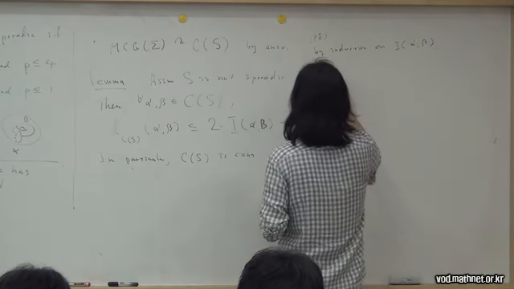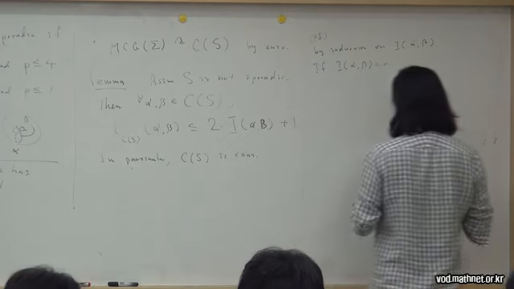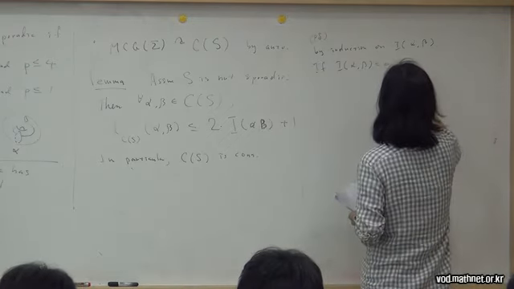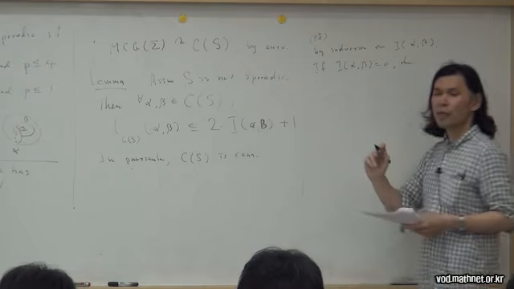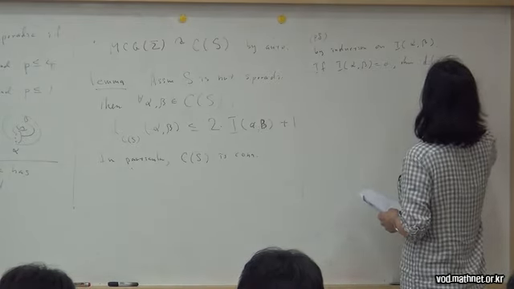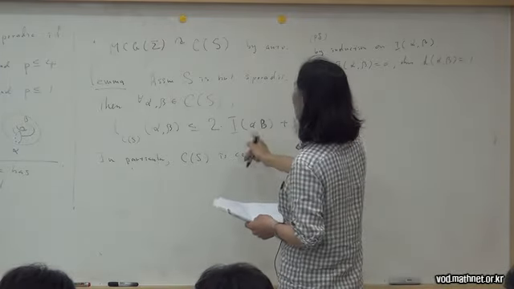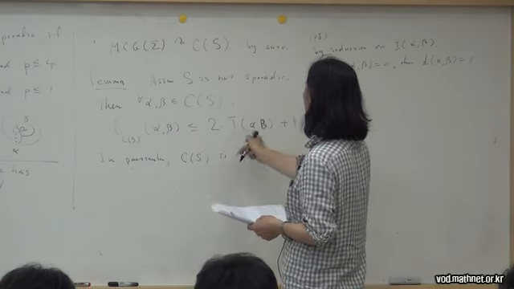So if this is 0, then they don't intersect, so you join them, therefore the distance is 1. Okay, so this is true.